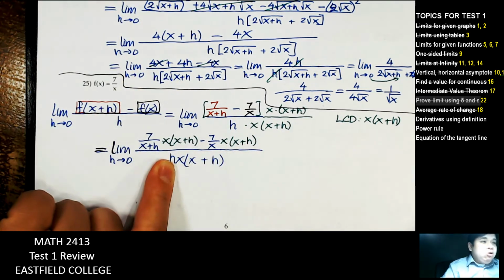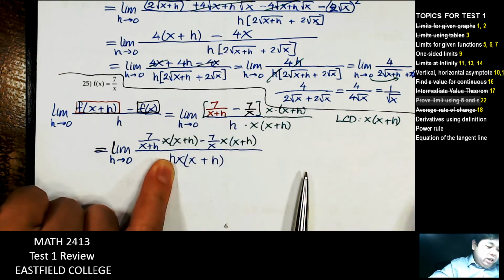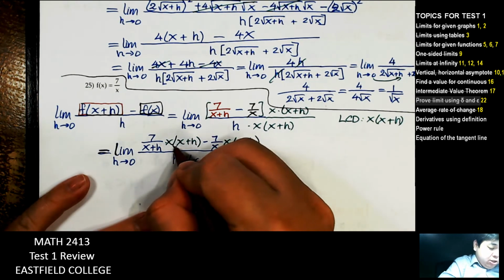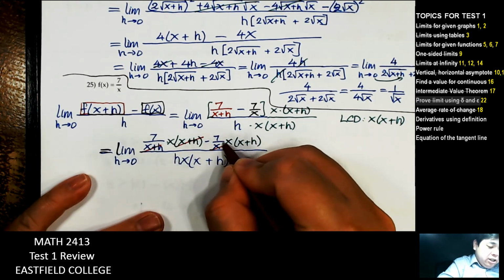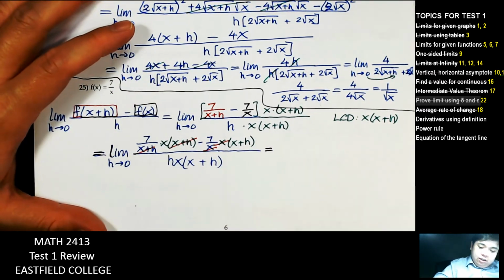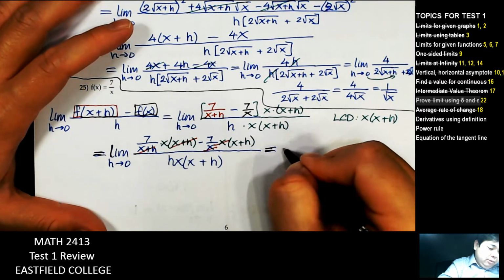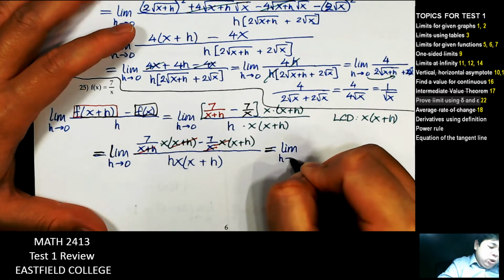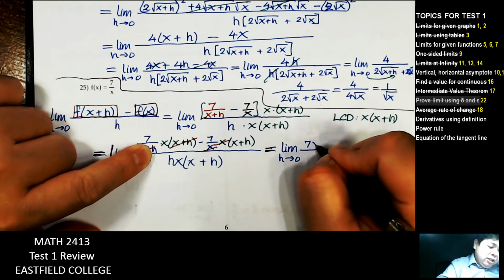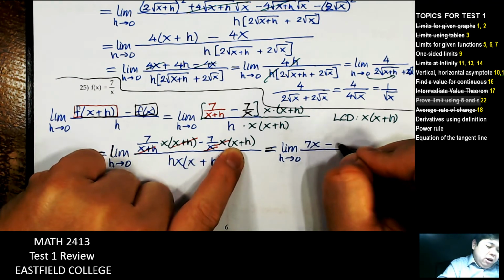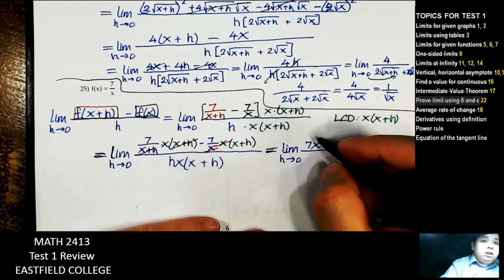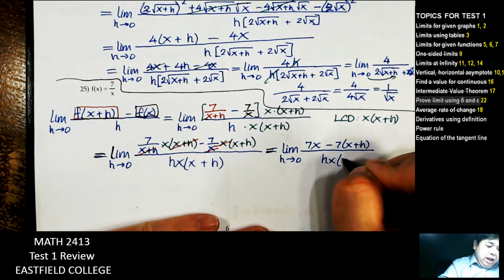Again, don't multiply it out. We need this h to cancel later. Talking about cancel, the x plus h cancels here, and x cancels there. So we will have the limit as h goes to 0 of 7x minus 7 times x plus h, over x and x plus h.